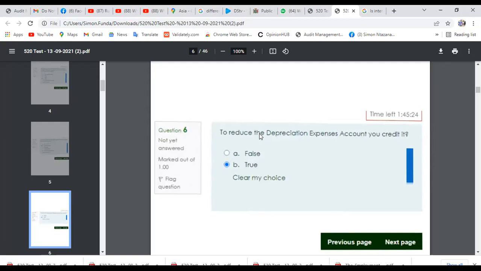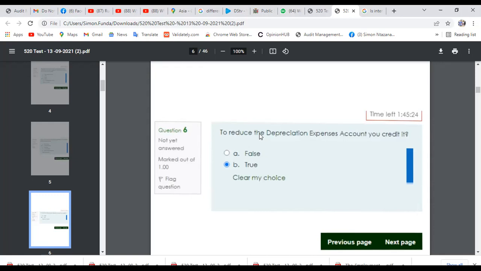So if you are reducing an expense account, since it maintains a debit balance, then you are supposed to credit. So in accounting, any expense, not only depreciation, when you are reducing it, you credit. You are supposed to enter a credit for that figure that you are reducing the account with.